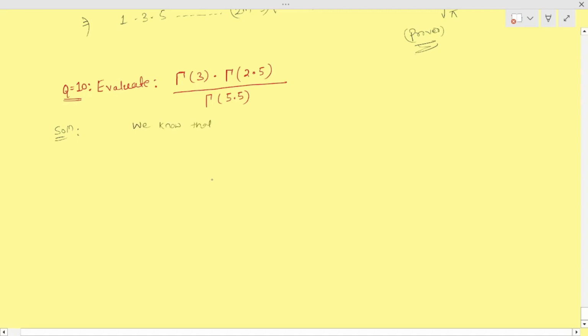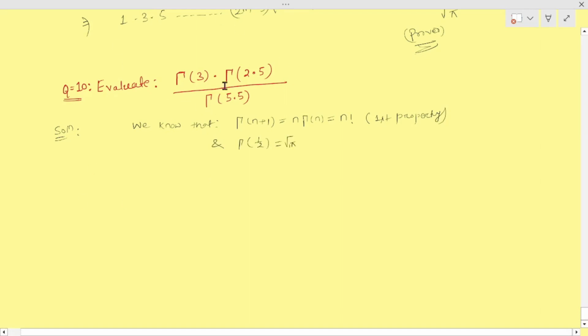So first I am going to write that we know gamma n minus 1 equal to n gamma n, or we can say n factorial. This is your first property of gamma function. And also we know gamma half equal to root pi.